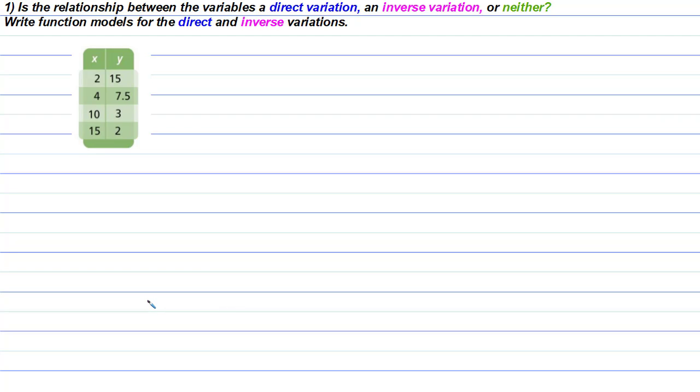And how you can tell if it's a direct variation: you should be able to divide and get a constant number, and you always divide y divided by x.